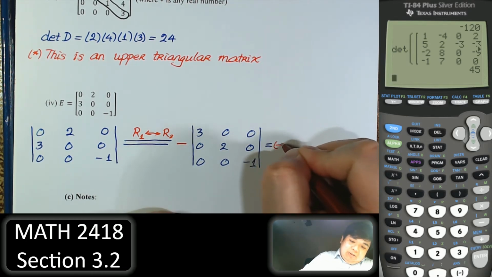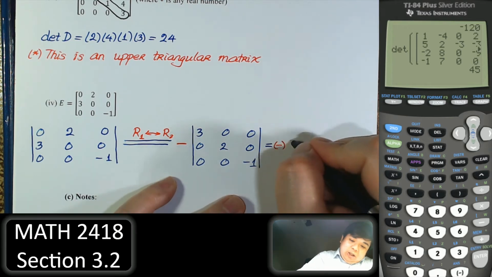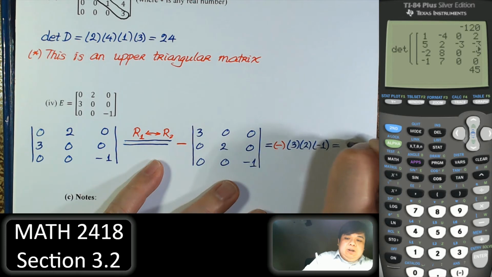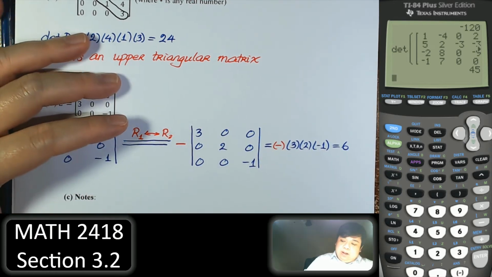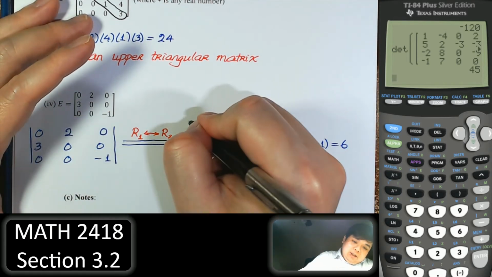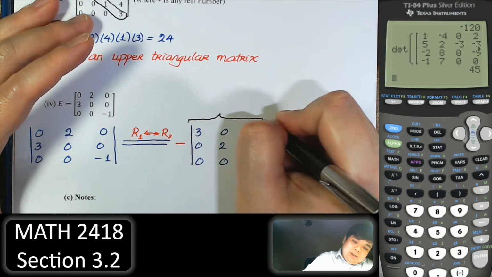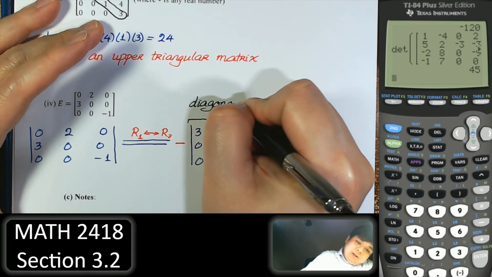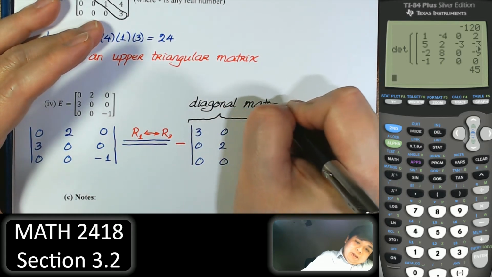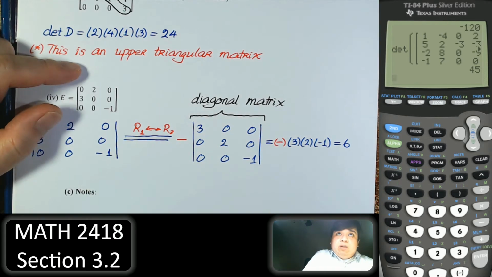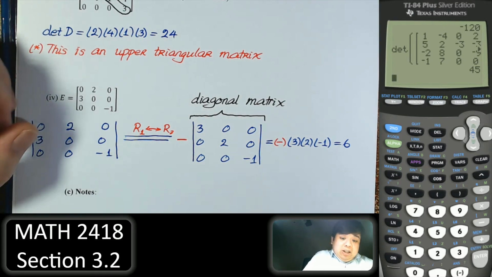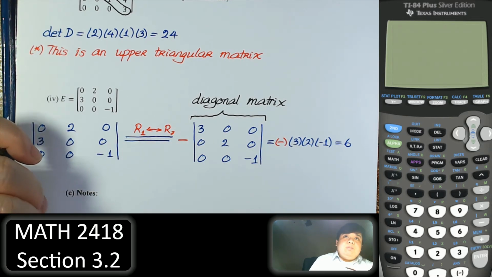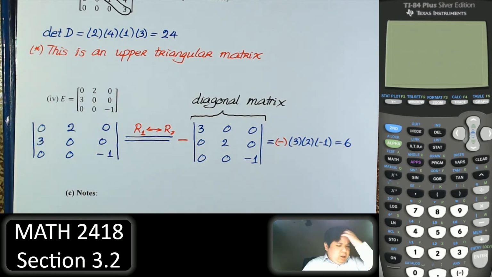So just negative 3, 2, negative 1. Yeah. So this is a diagonal matrix, similar to an upper triangular matrix or lower triangular matrix. The determinant is just the product of the diagonal entries.